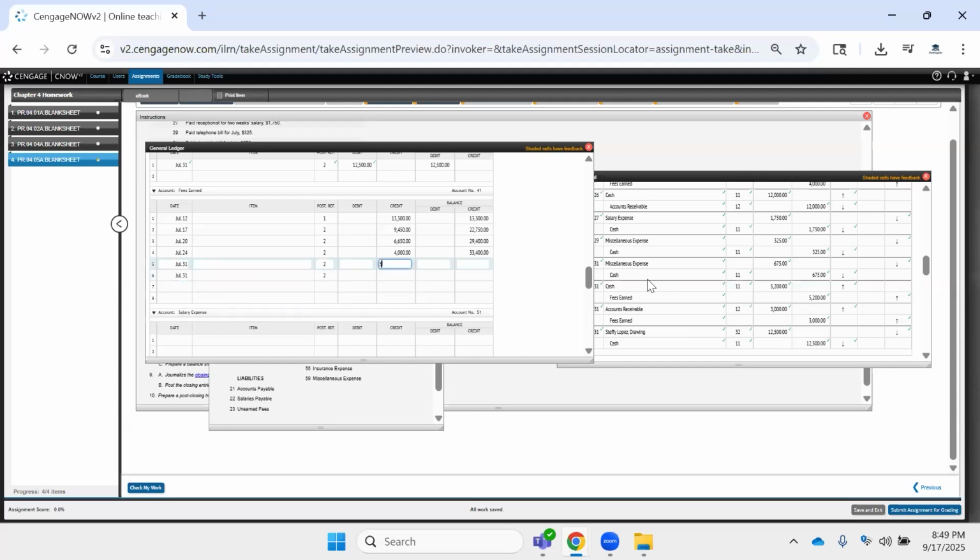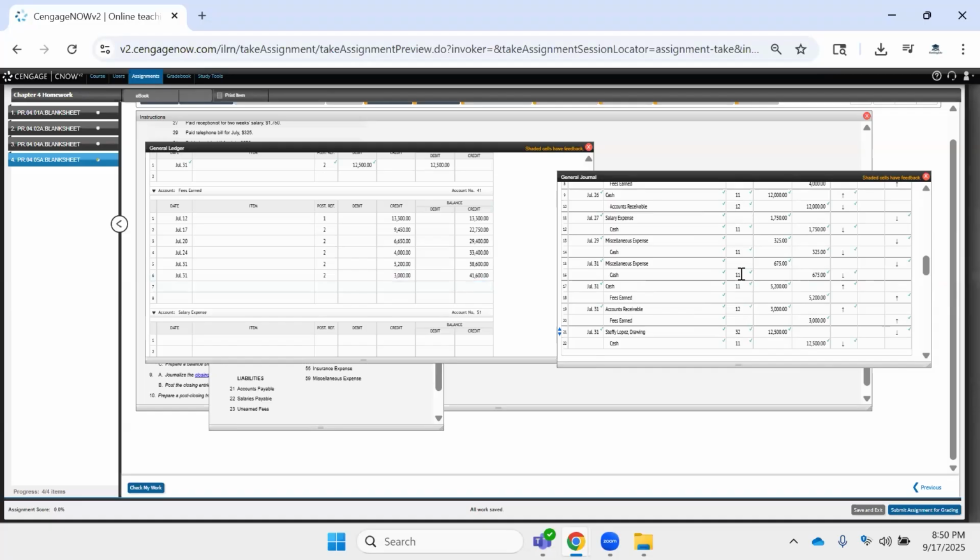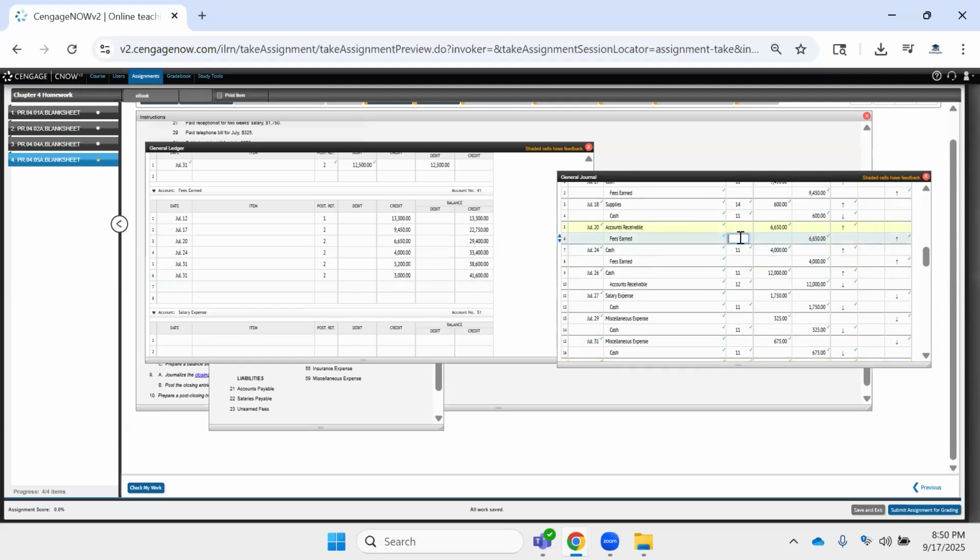One of which was 5,200, putting us at 38,600. And then 3,000, setting us to 41,600. And then the remaining, well, we just went through all of these. So the remaining will be closing or adjusting entries.